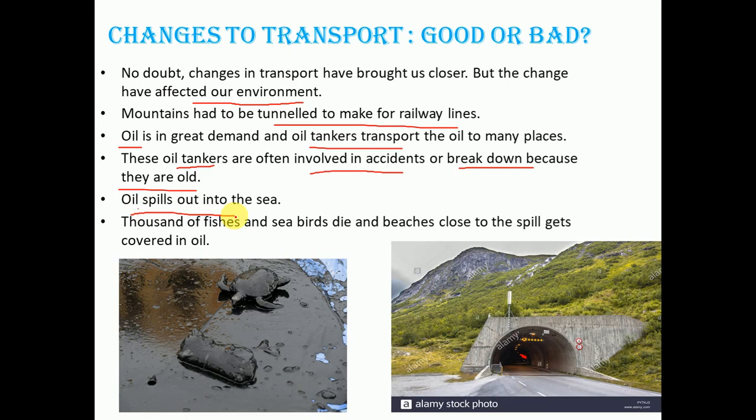And जब oil sea में फैल जाता है, what happens? Thousands of fishes and seabirds die. Okay, this is so sad, right? Thousands of fishes and seabirds die, and beaches close to this spill also get covered in the oil. You can see this turtle. It has died because of the oil spill, right?